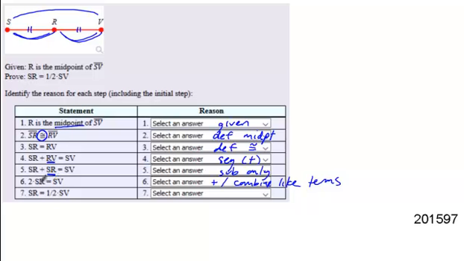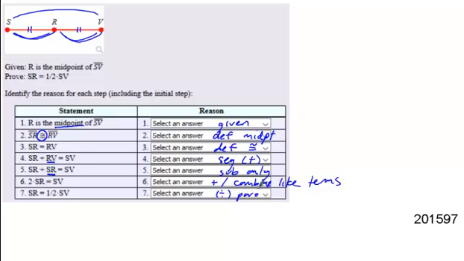Once I get to that step, I can now isolate my SR by either dividing by 2 or multiplying by 1/2. You have to be able to distinguish either of those. More than likely, I'm not going to have an option for both, so it's going to be one or the other. Even though it looks like it's 1/2 times SV here, all I did is take equation 6 and divide both sides by 2, so more than likely it's going to be division property.